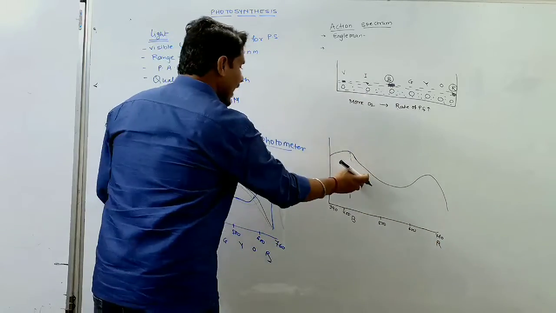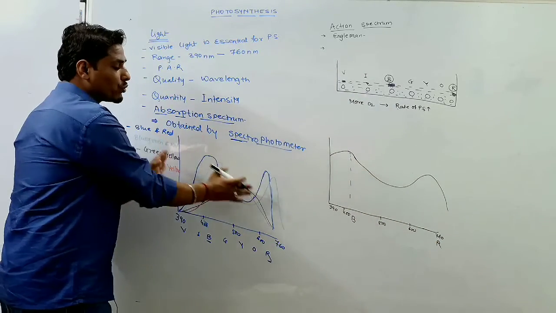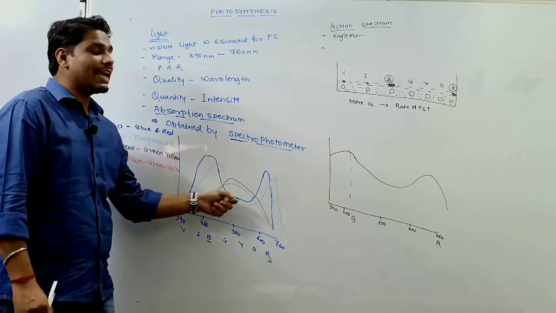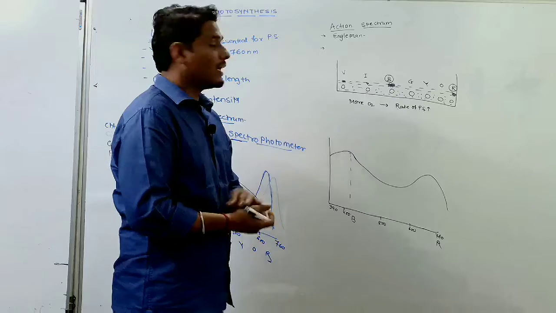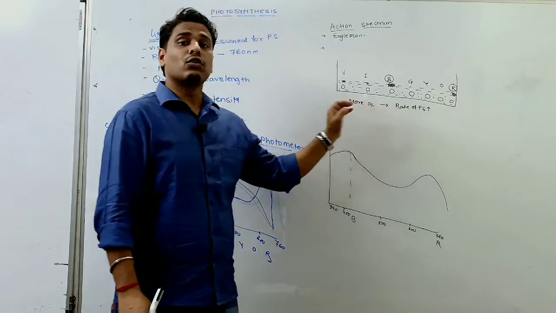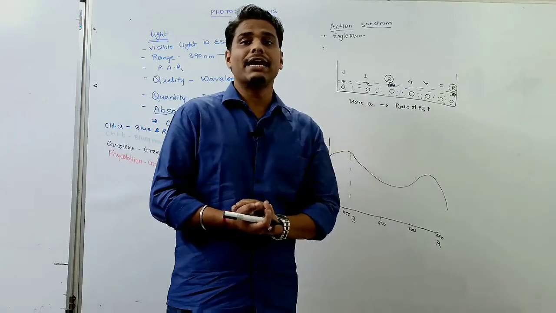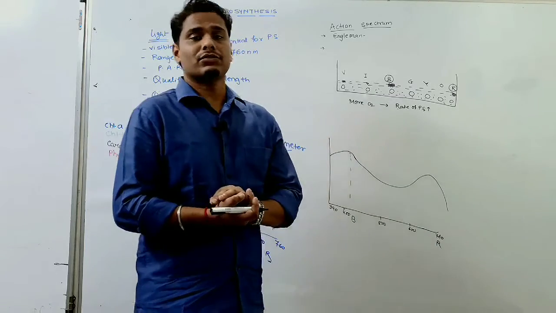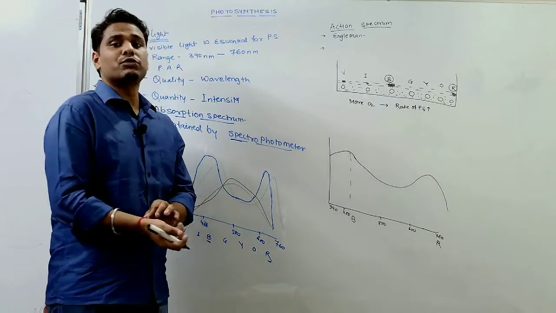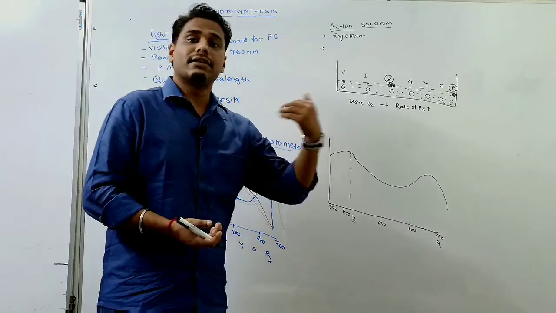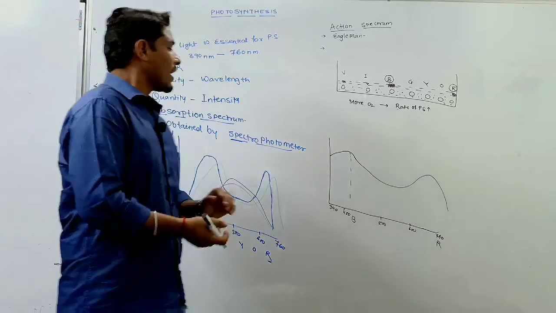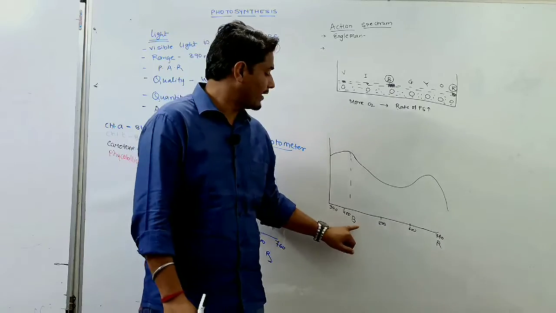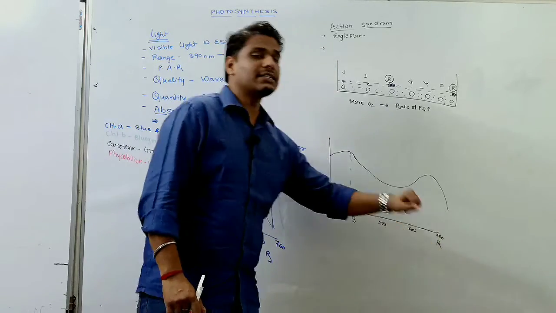It increases the rate of photosynthesis, and it absorbs two regions of the spectrum: one is the blue region and the other is the red region.